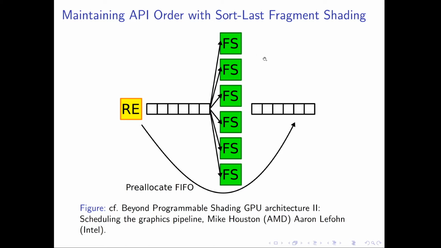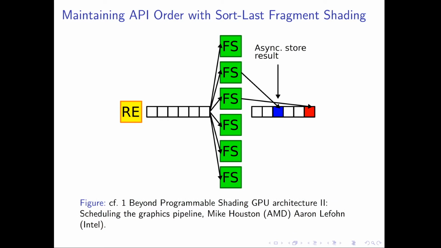The only thing that we need to take care of is that we maintain API order. And I just told you how this can be done. I just showed you an example how this can be done. And this is the most important thing to note about the fragment stage actually, because most of what is important on this stage has actually already been said in regards to all the other stages.